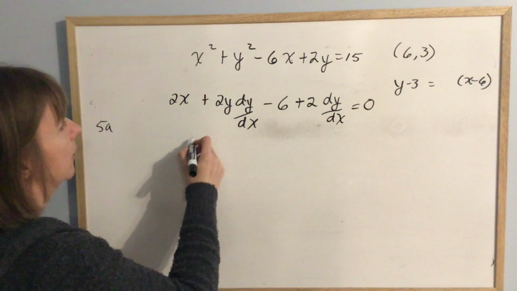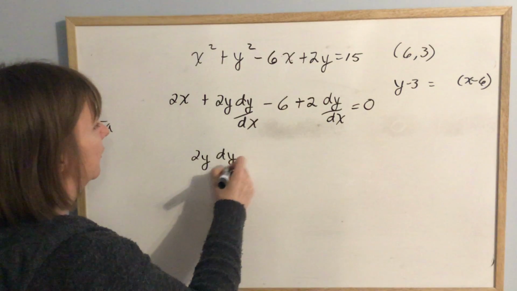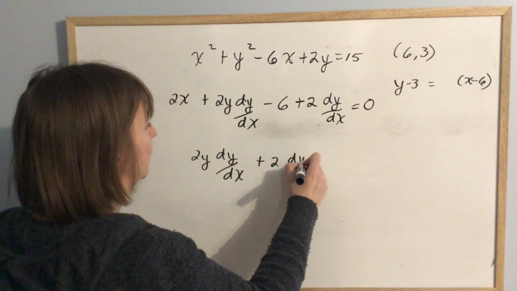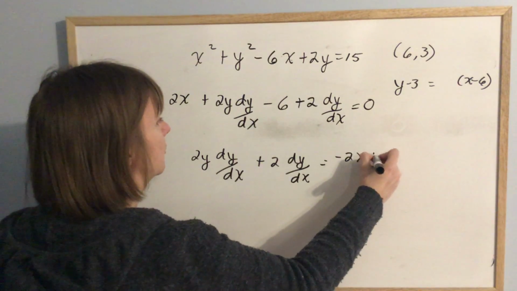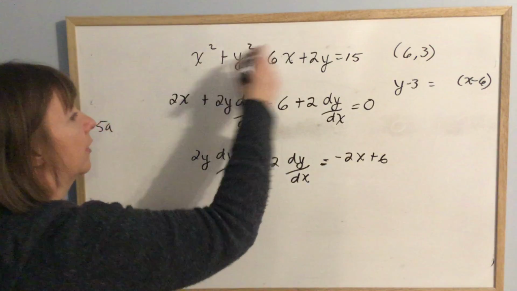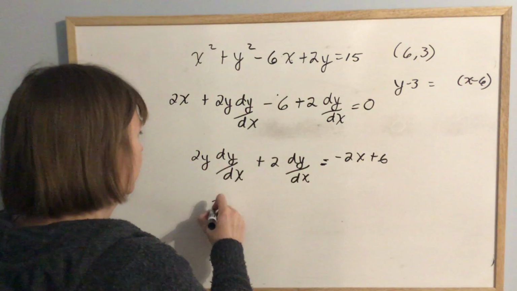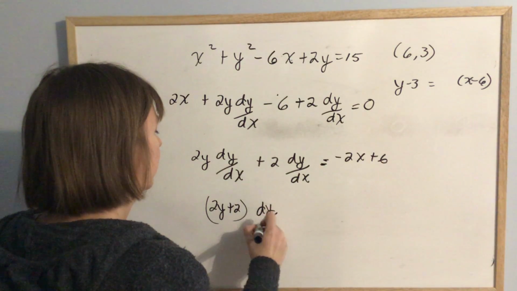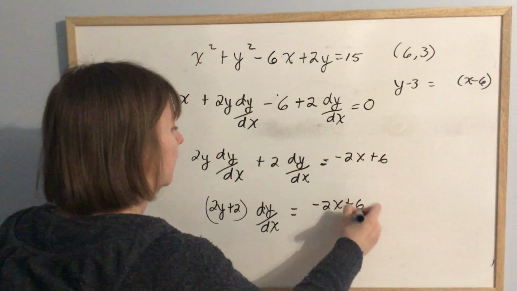So 2y dy over dx plus 2 dy over dx equals negative 2x plus 6. I just moved that over there and that over there. So 2y plus 2 times dy over dx, taking out the common factor, is negative 2x plus 6.